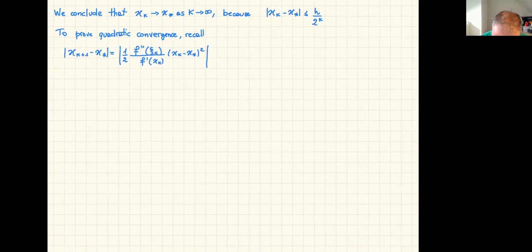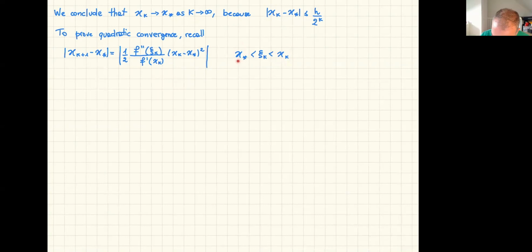And in this, perhaps the thing worth noting is that in this writing, there is only psi k that we have to be a bit careful with. We found that psi k was a number bounded below or above by x star and xk. As I stated, I do not know exactly which one is larger, but what we know now is that the sequence of xk goes to x star.